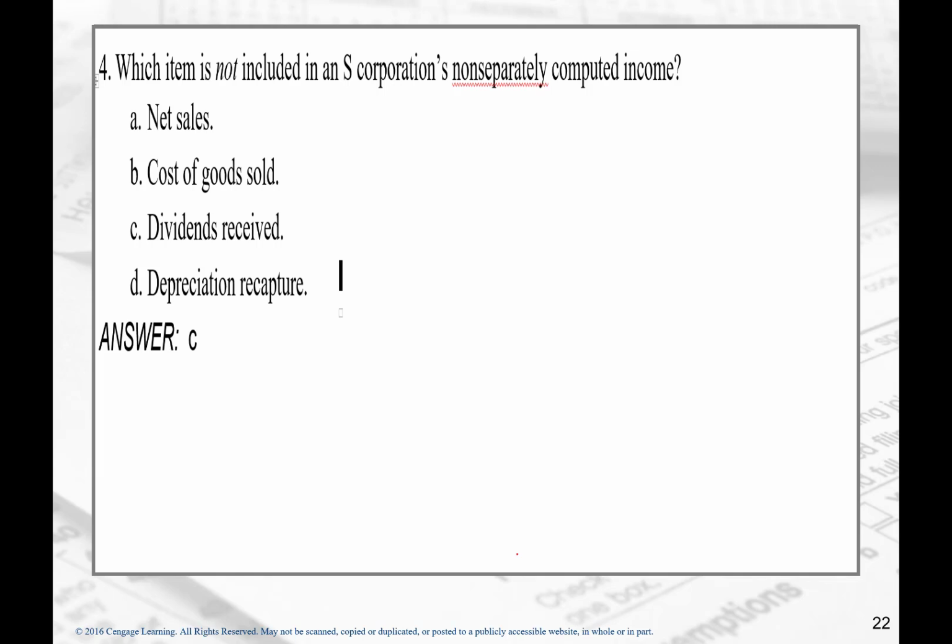So a good way to look at this is that normal operating type items tend to be treated as non-separately computed items, and your non-operating items tend to be the separately computed ones. Although charitable contributions, they treat as an operating item in that example we had.